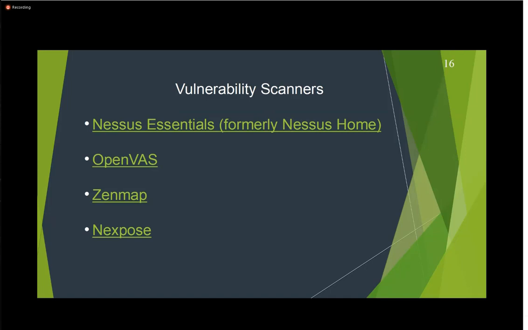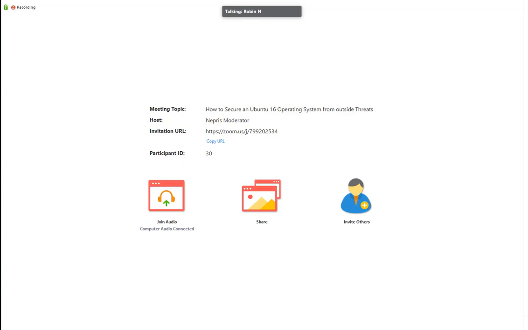Most of the free open source tools may have some limitations in wanting to use the paid-for features, but each of the ones that you have on the screen here, Nessus, OpenVAS, Zenmap, which is the graphical interface for Nmap, and then Nexpose, all of these give you a level of free vulnerability scanning and will allow you to scan up to X number of hosts. For most of these, it's also not usable in the context of a business environment. So you'd have to get a business license for that if you were needing it in a business environment.